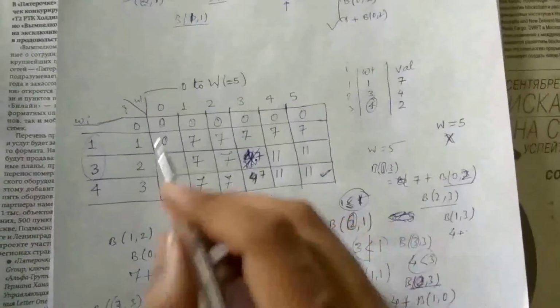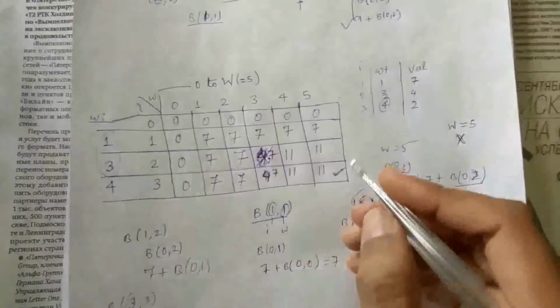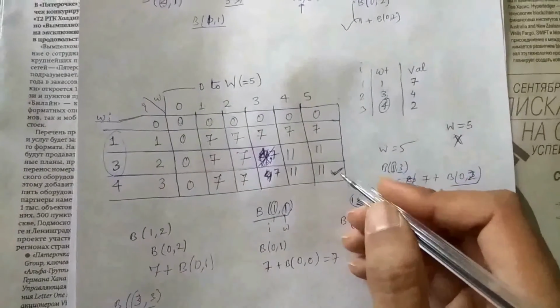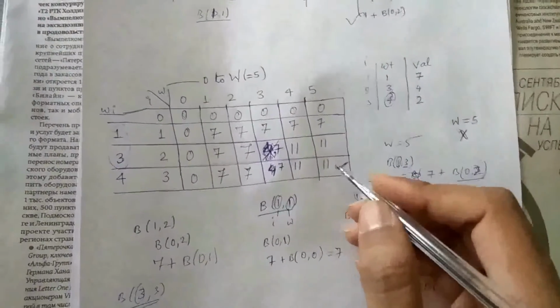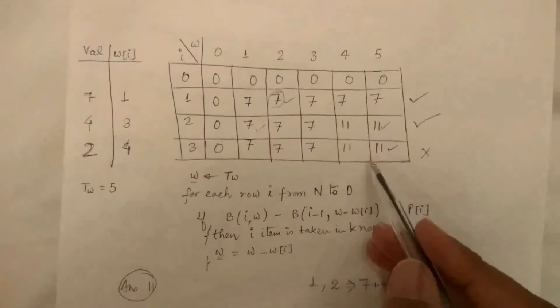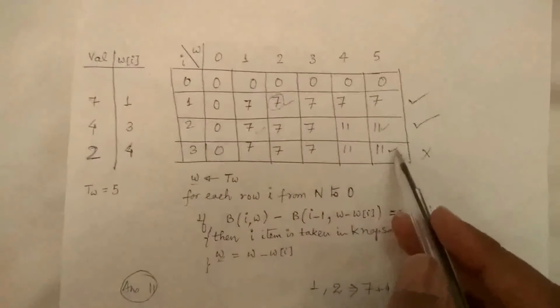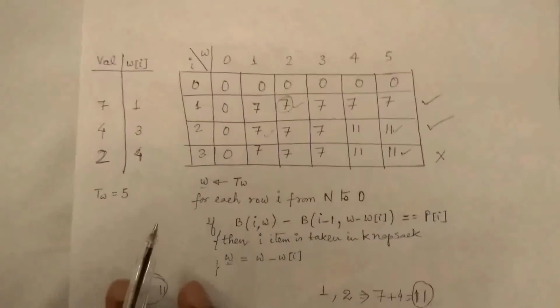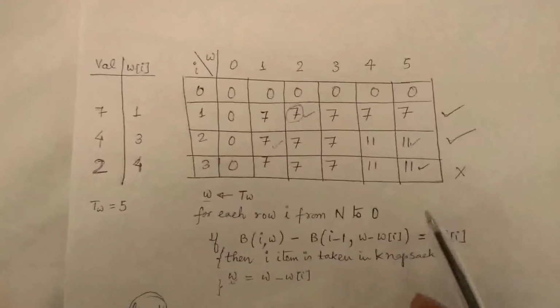Now, in this fashion we have filled up the entire table, and you can see the maximum value, maximum benefit, is 11, in this row and this column. Now how do we come to know which items are picked up for the knapsack?